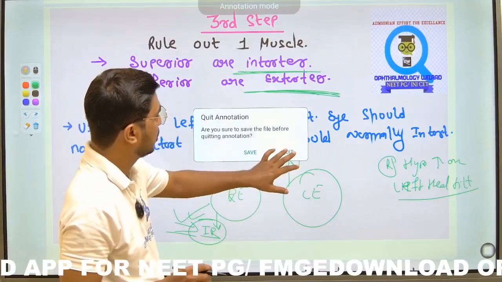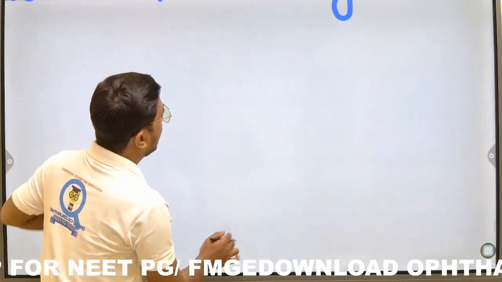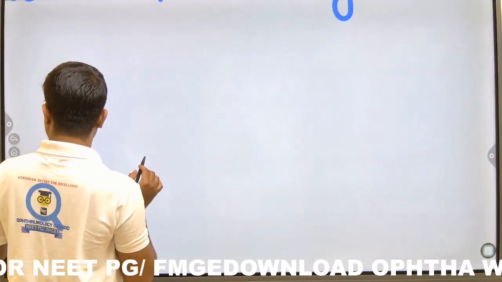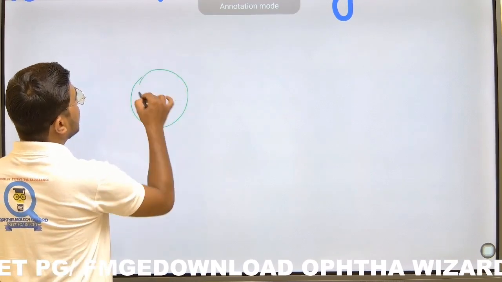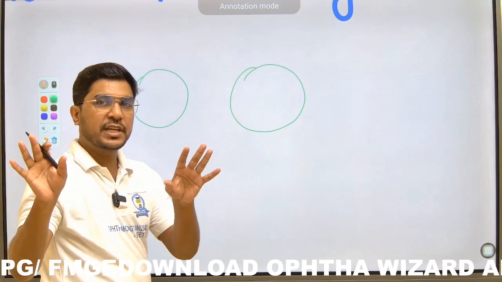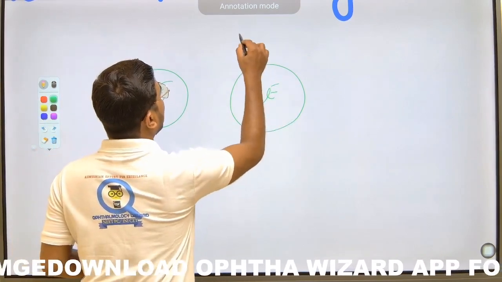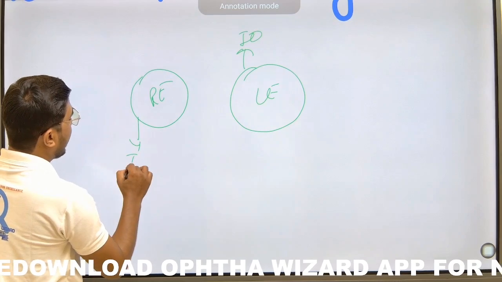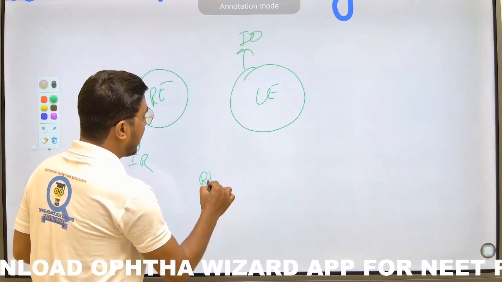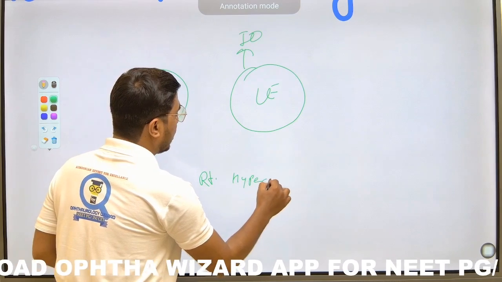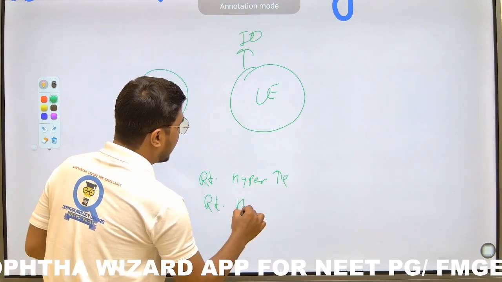Suppose after two steps you are left with the right eye, left eye, inferior oblique and inferior rectus, and the question is saying that right hypertropia increases on right head tilt.